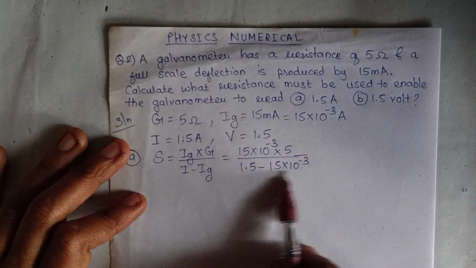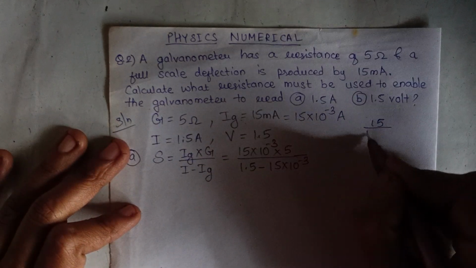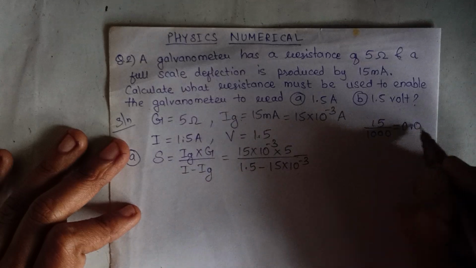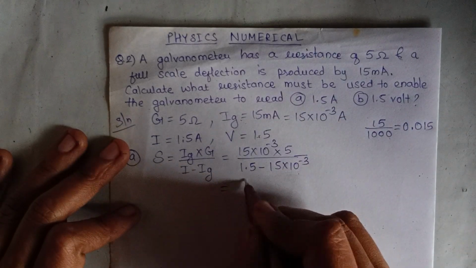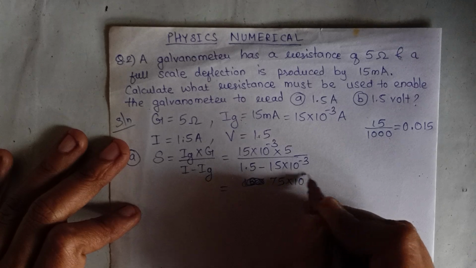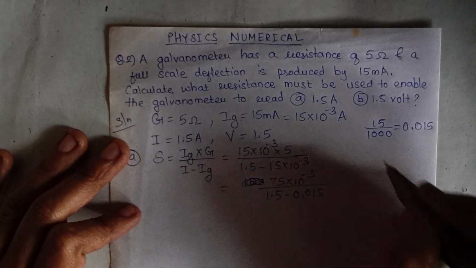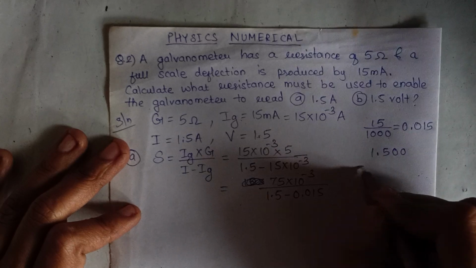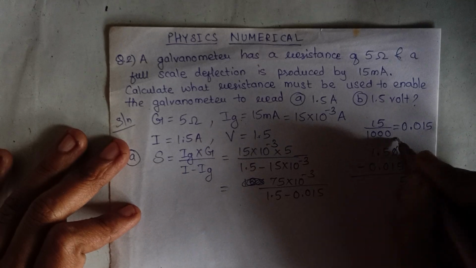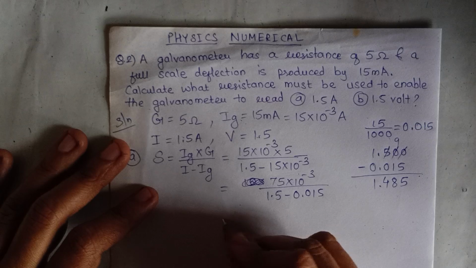Again you have to convert this into decimals. 15 into 10 raised to minus 3 means 15 upon 1000, which is 0.015. 15 into 5 is 75. Then 1.500 minus 0.015 is 1.485.